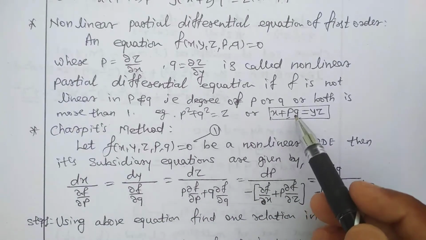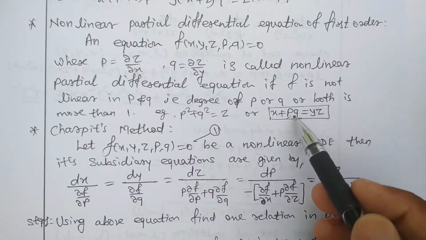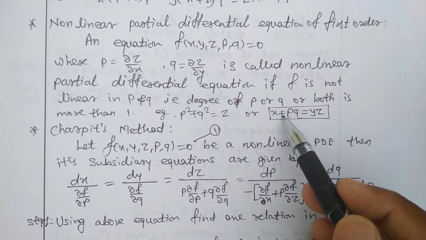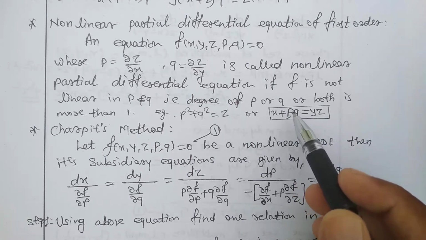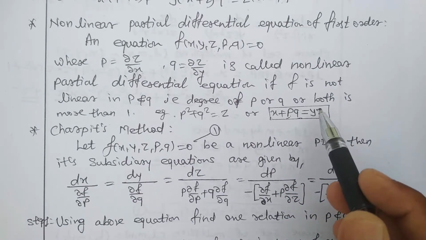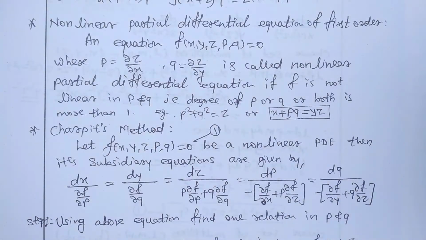The value of p is ∂z/∂x and the value of q is ∂z/∂y, so the term z is multiplied with itself. So the dependent variable has power more than 1. That's why this differential equation is also a non-linear differential equation.